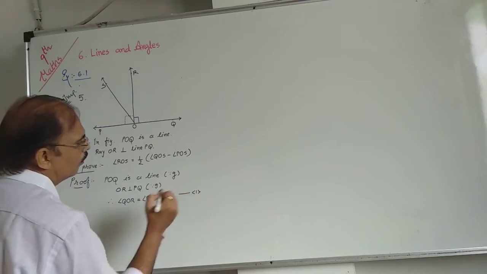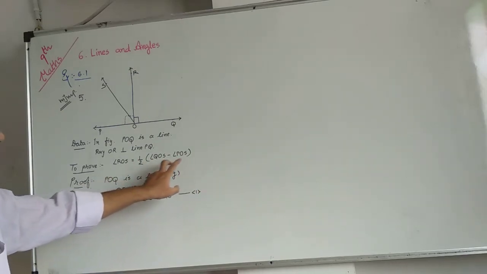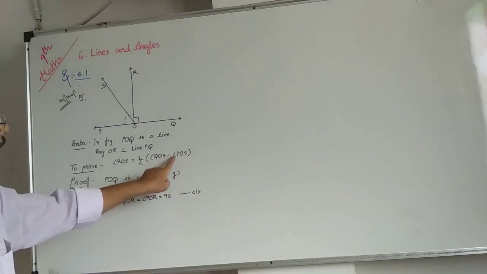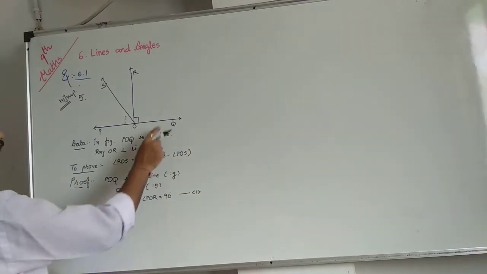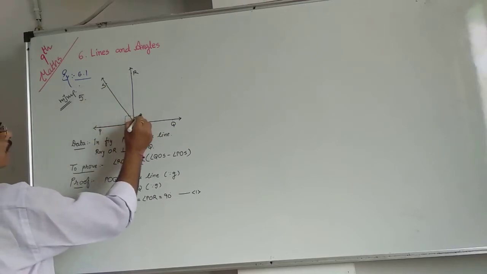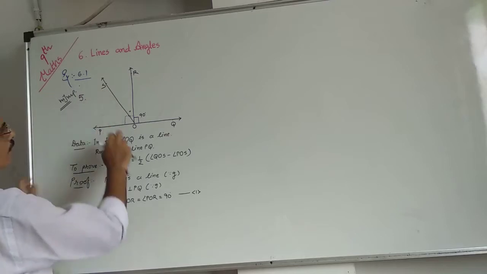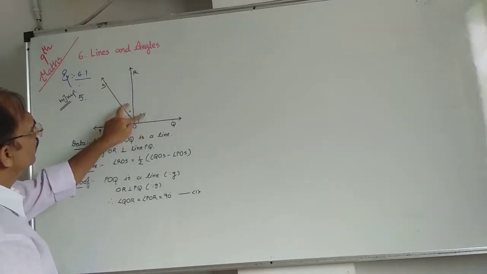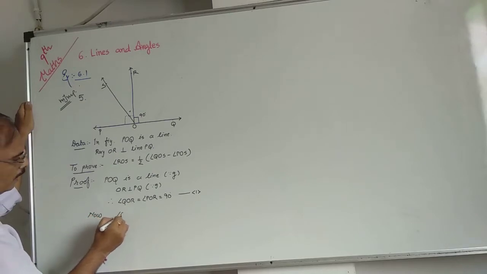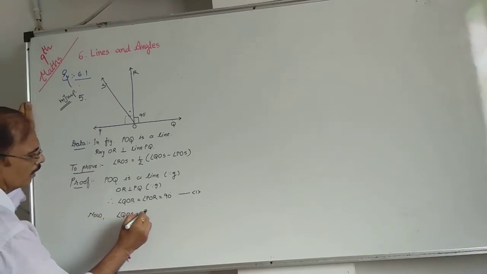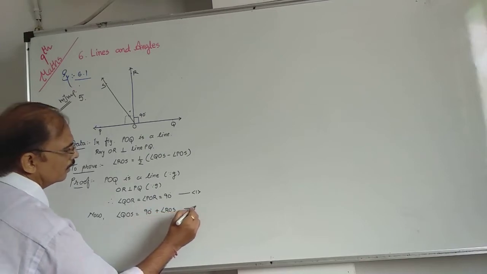This is the number 1. We want to prove QOS minus POS. I need this. So I start with QOS. QOS is 90 plus this. Angle QOS equals to 90 plus angle ROS. Call it result number 2.